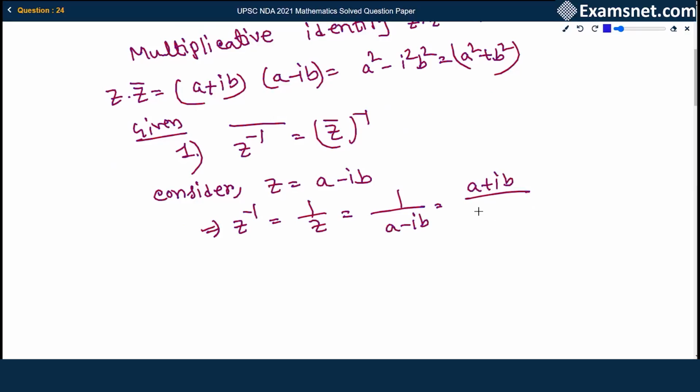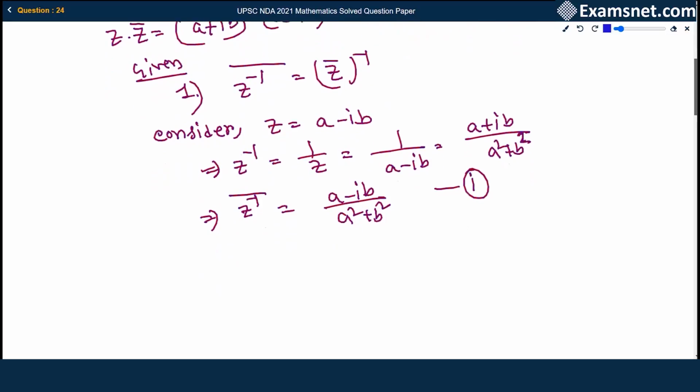So we will get a plus ib by a square plus b square, right? Next, z inverse bar, so the conjugate of this complex number z inverse, will be a minus ib by a square plus b square. Okay, let's name it equation number 1.